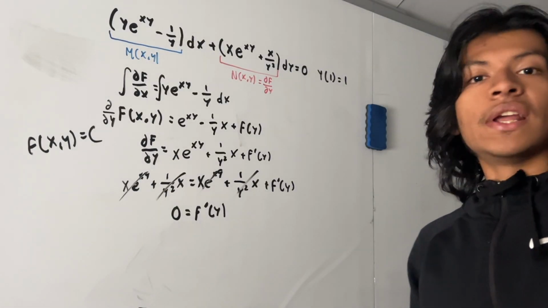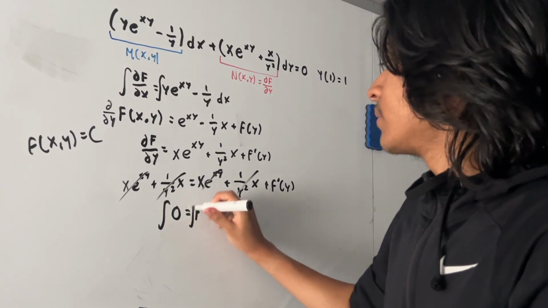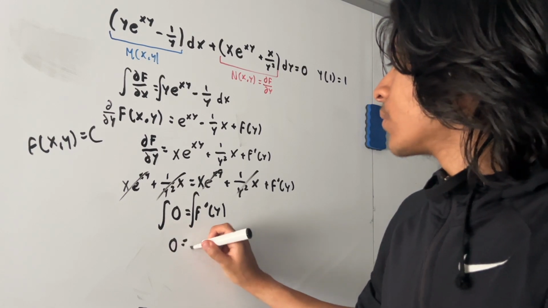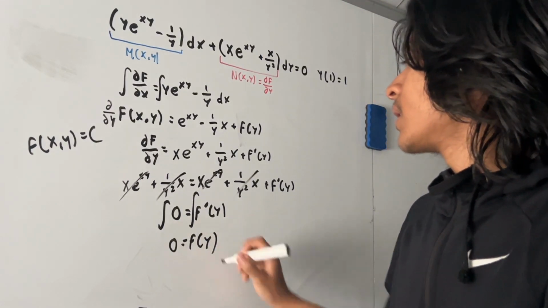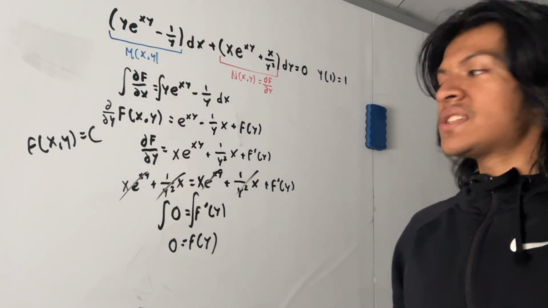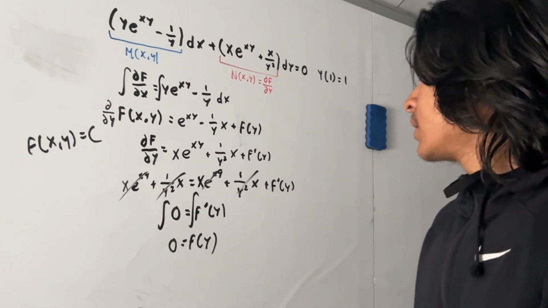And we're just going to integrate both sides. But as you can see at this point, 0 is going to be equal to f of y. And because y is a function of x, we don't have to worry about a constant on the left side. So it's just going to be 0.